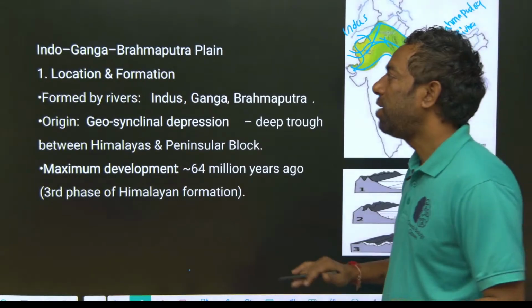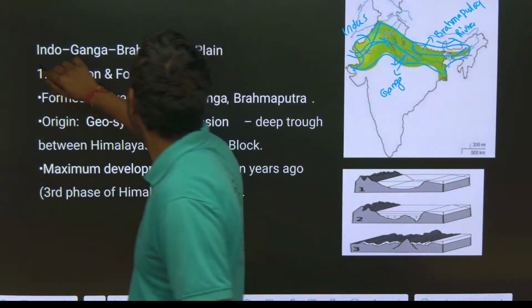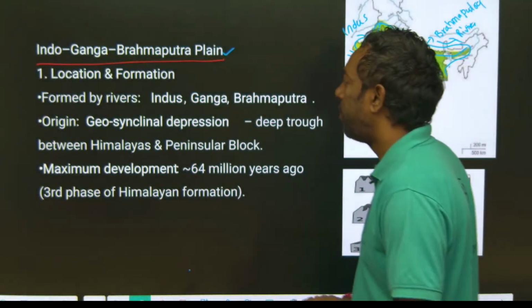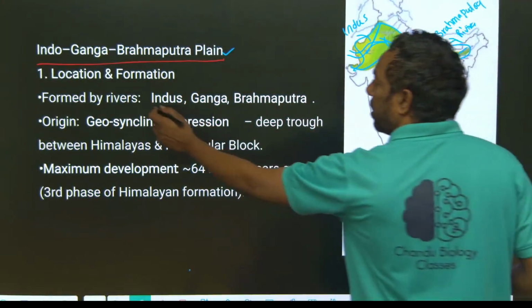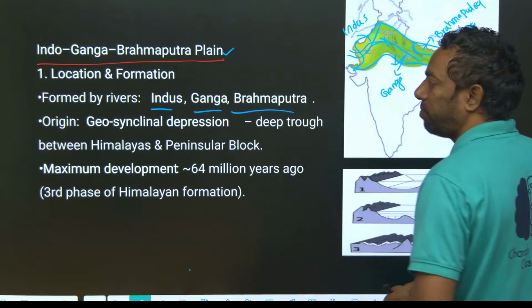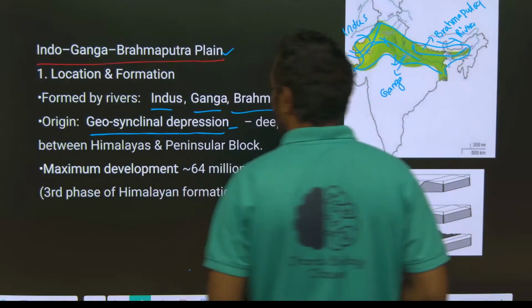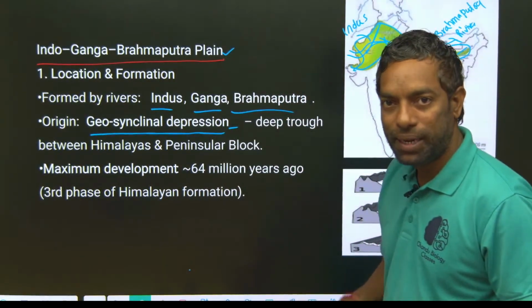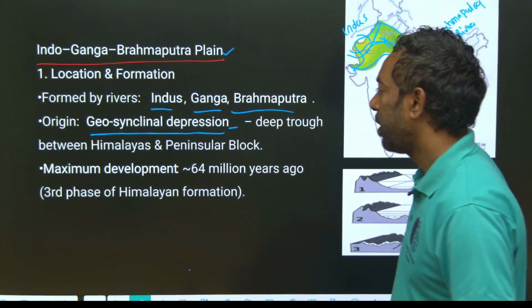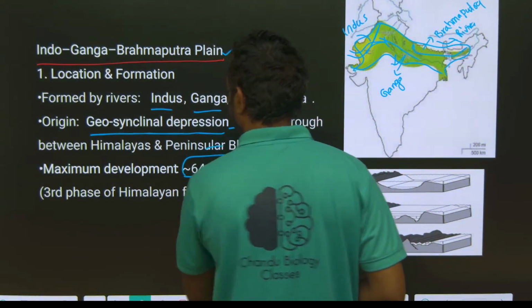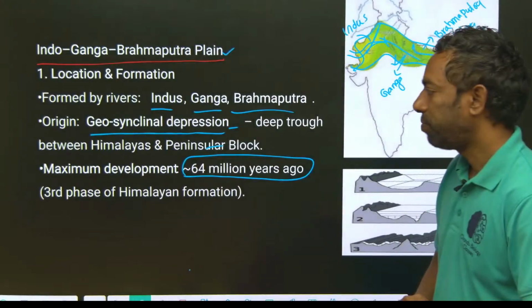This is the plain where the Indo-Ganga-Brahmaputra plain was created, formed by the Indus, Ganga and Brahmaputra. This is a geosynclinal depression, meaning they enter into deep valleys. Maximum development was about 64 million years ago.